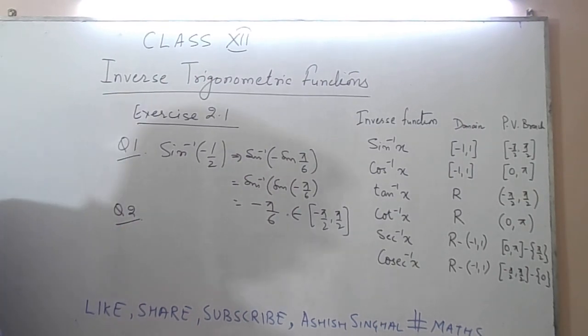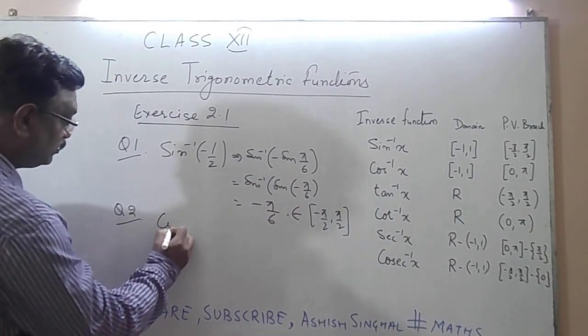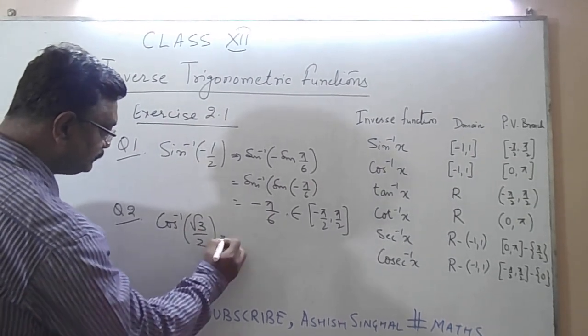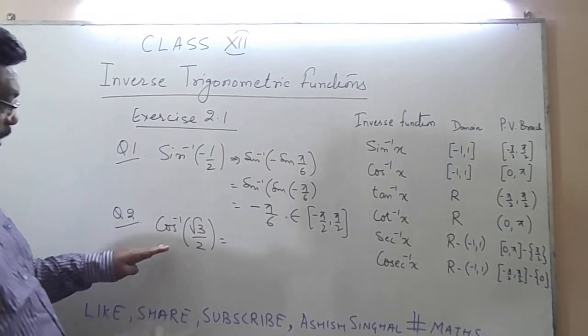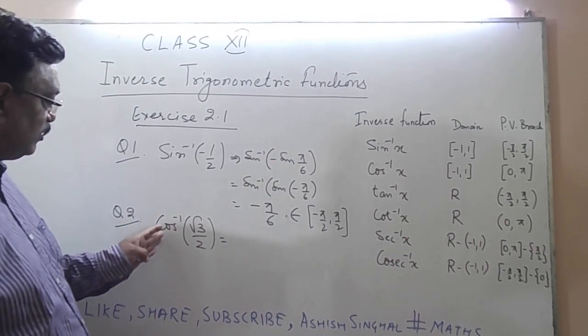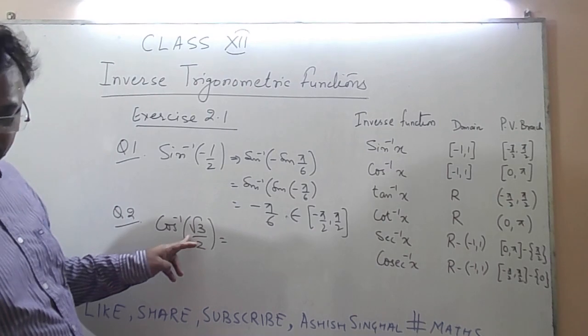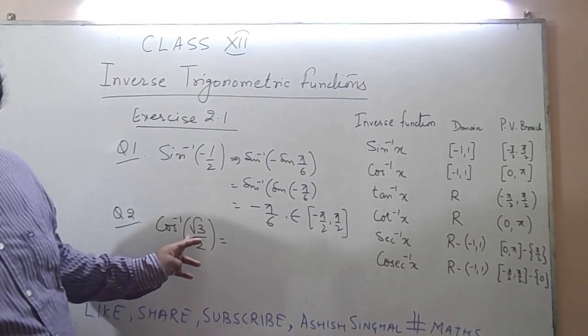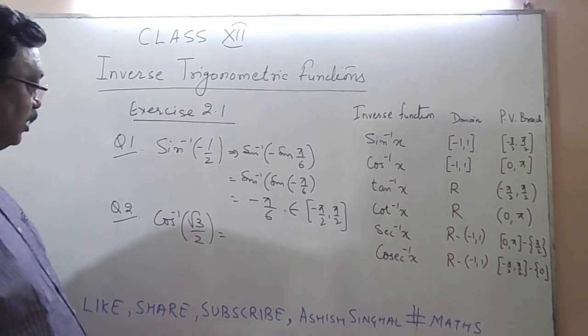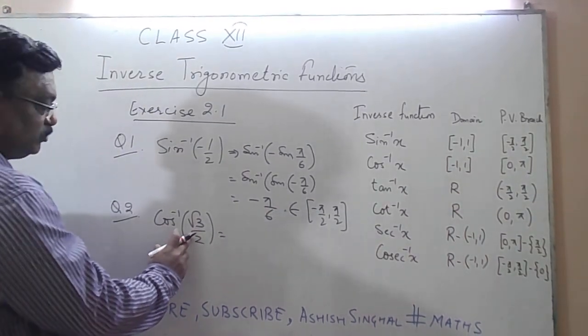Let's check up now question number 2. Cos inverse √3/2. Recall what is the value of theta, so that cos theta is √3/2. Now you all know that cos π/6 is √3/2.